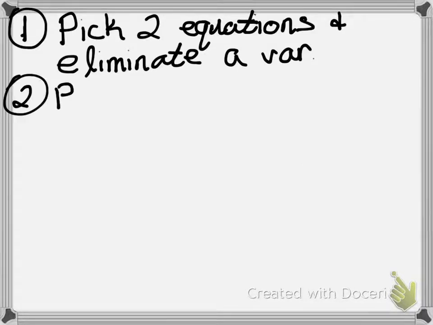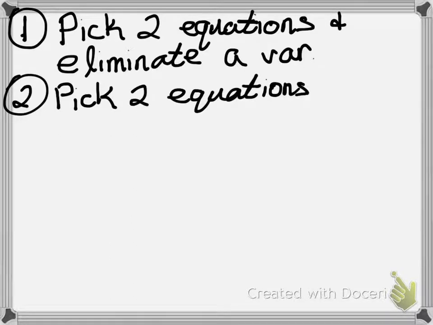Step 2, you're going to pick another 2 equations. It cannot be the same 2 that you did in step 1. So let's say you picked the first and the middle equation. This time you're going to pick the middle and the last one, or the first and the last one. One of them has to be different.